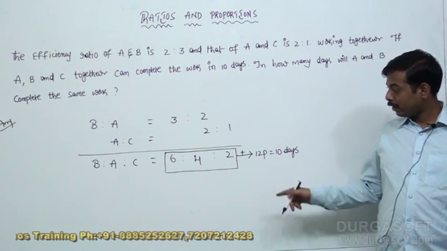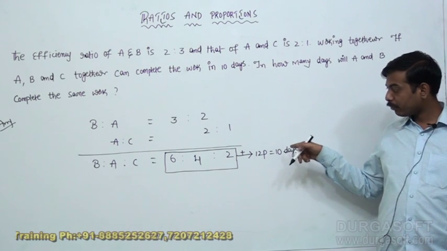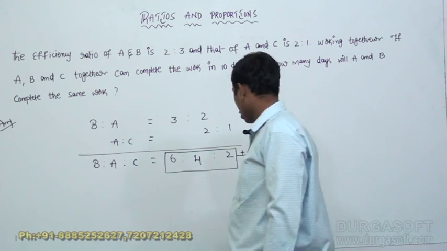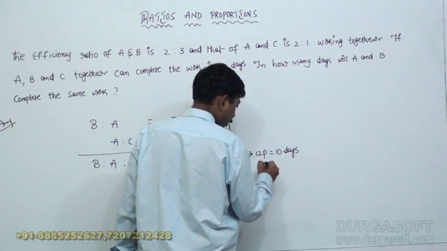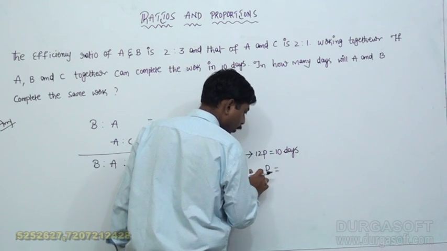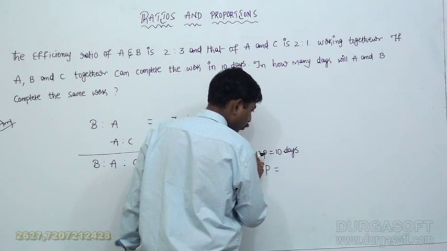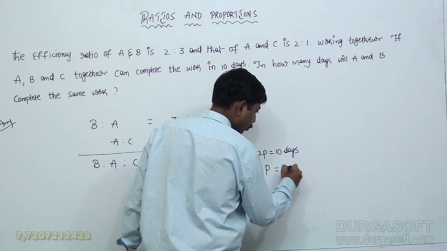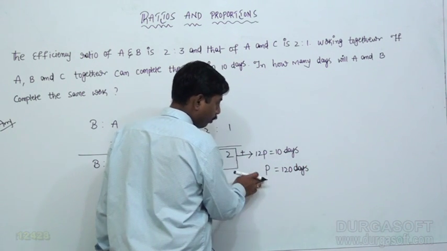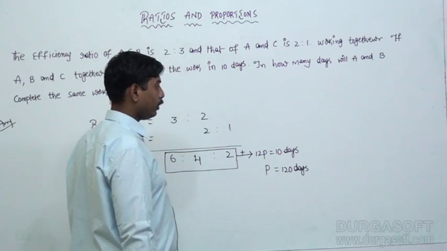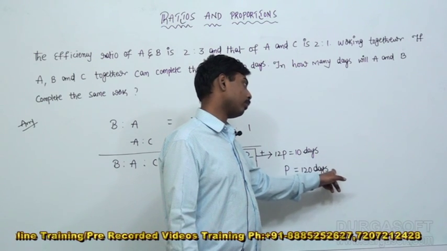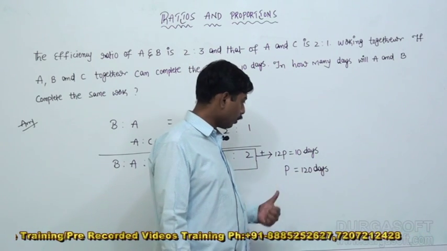Here 12 people need 10 days. If one person is working, that means one part is involved in the task, then one part needs how many days? 12 parts take 10 days, so one part should require 120 days. In whatever ratio the number of parts decreased, in that same inverse ratio the number of working days has to be increased.